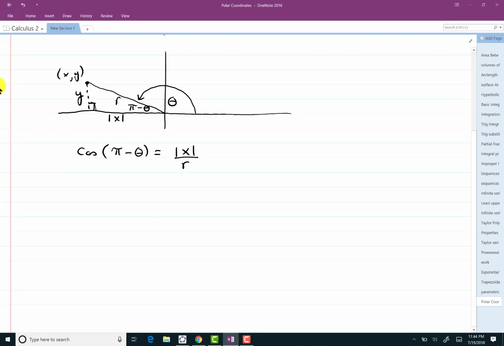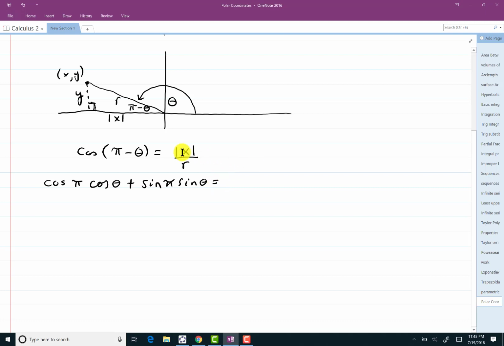All right, well, I can use the sum of angles formula for cosine to rewrite that side as cosine of pi cosine of theta plus sine of pi sine of theta.